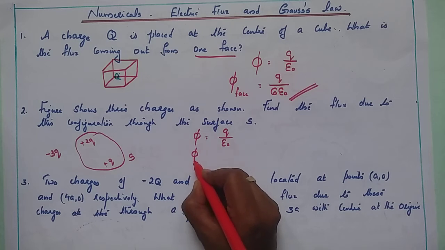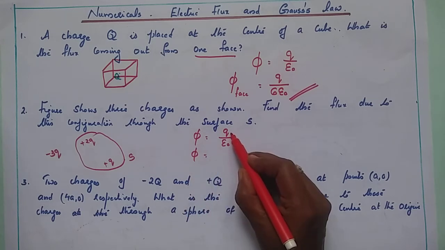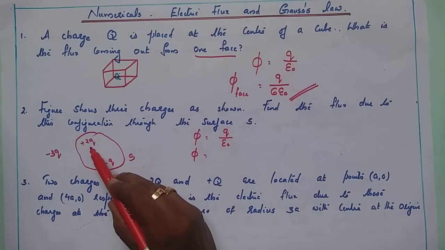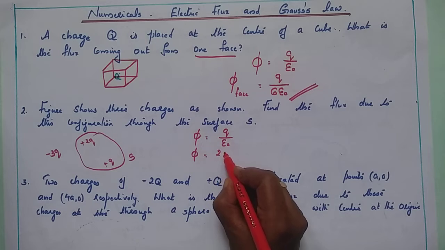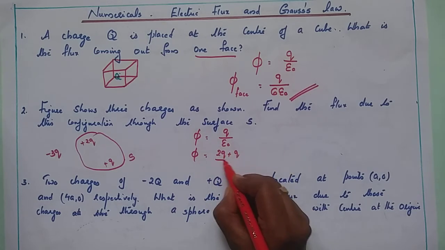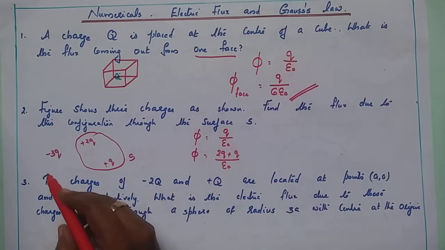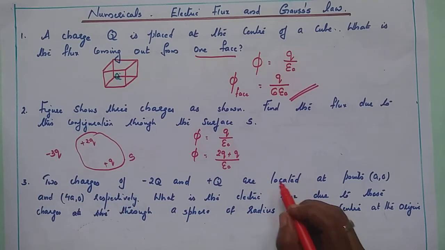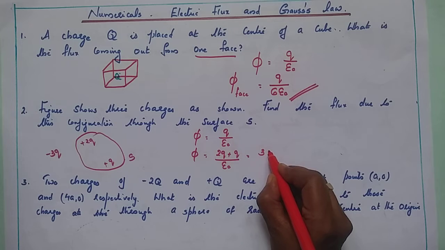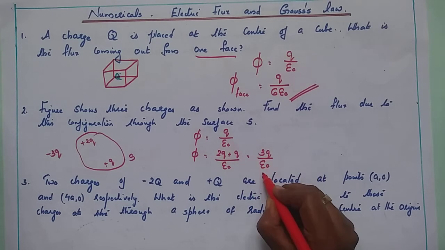So flux phi equals Q, where Q represents the total charge enclosed by the surface. Here the surface encloses plus 2Q and Q. Therefore we can write 2Q plus Q divided by epsilon 0, because minus 3Q charge is outside the surface. The final answer is 3Q by epsilon 0.